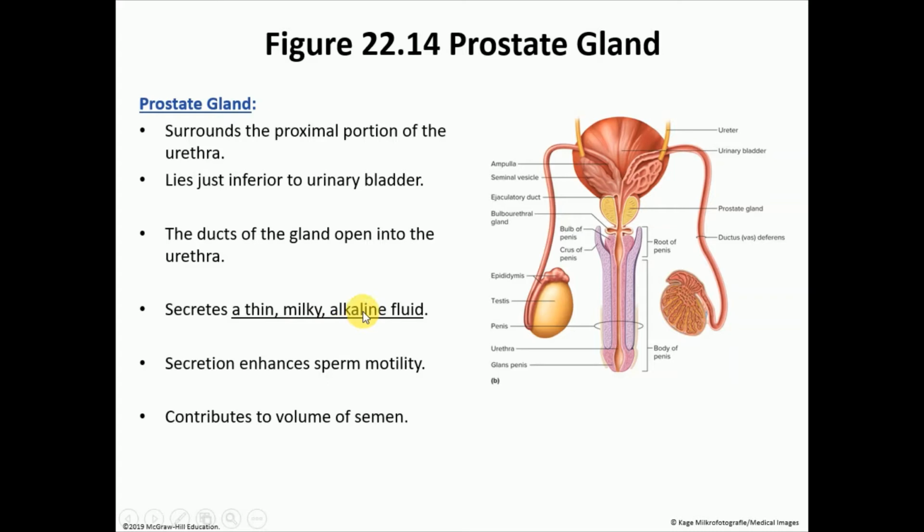Again, the alkalinity is there to balance the acidity of the vagina, and the secretions help in enhancing sperm motility. As the sperms are getting ready to be ejaculated, they have to be activated, and the prostate secretions help in the process of activation of sperms.